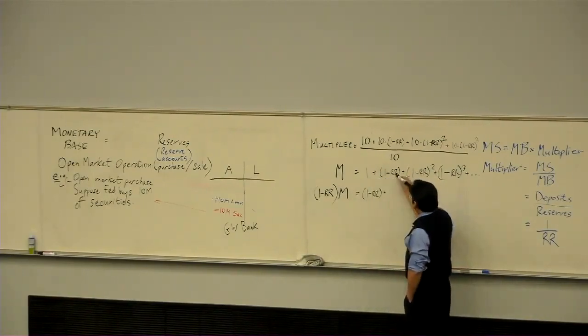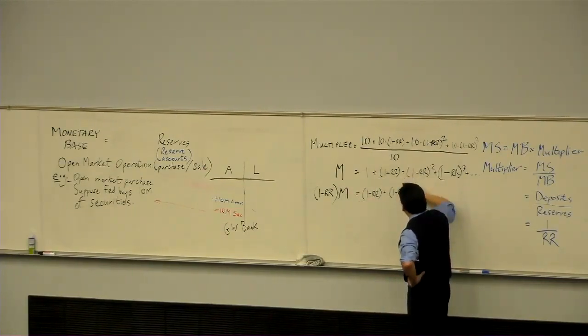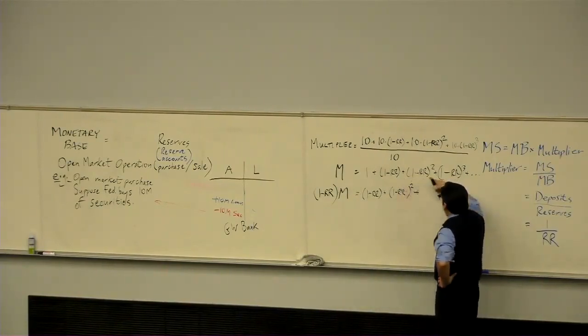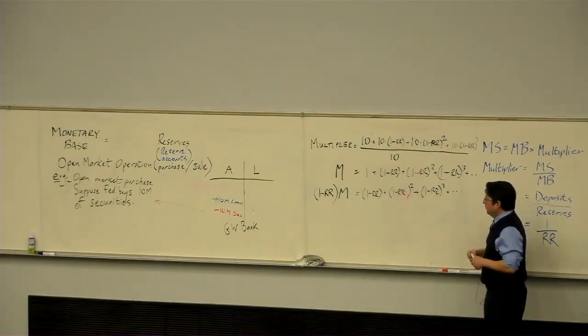What's 1 minus the reserve ratio times 1 minus the reserve ratio? It's 1 minus the reserve ratio squared. Whoops, that's not right. This is right. What's this times 1 minus the reserve ratio? 1 minus the reserve ratio cubed, and so on. Why is this useful?